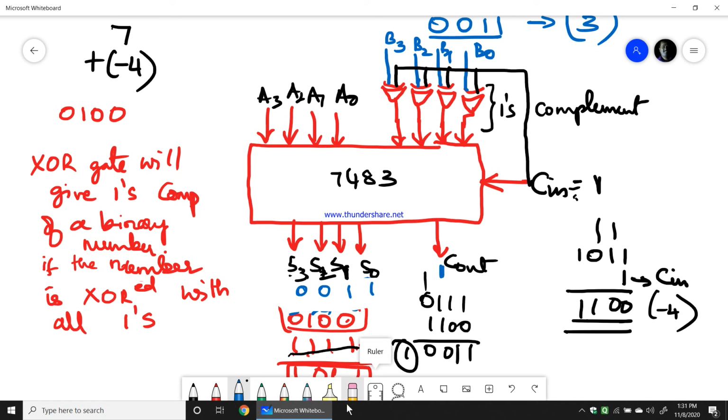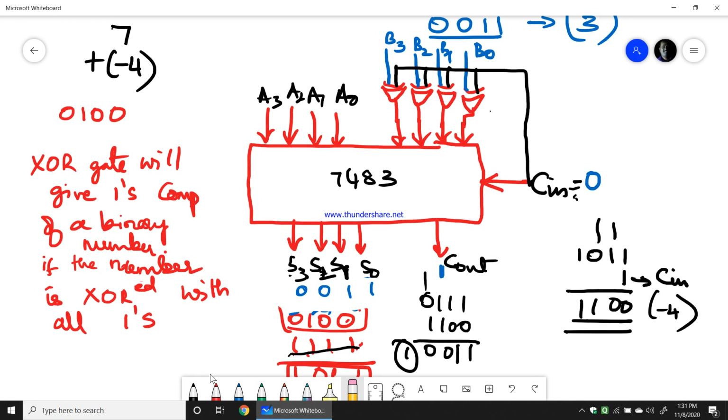Now the same circuit I can also make to work as a parallel adder. So how is that? If I make this Cin equal to 0, for example, so when I make Cin equals 0, what happens here is your data B3, B2, B1, B0 will be XORed with 0.